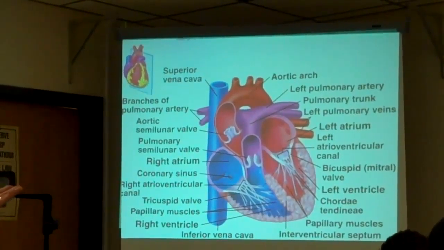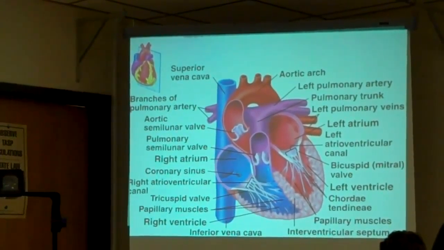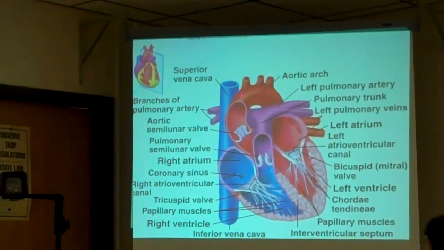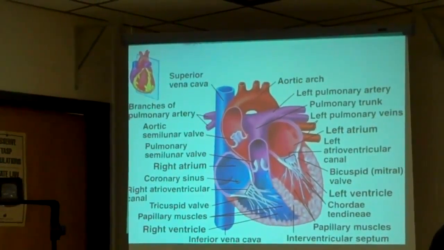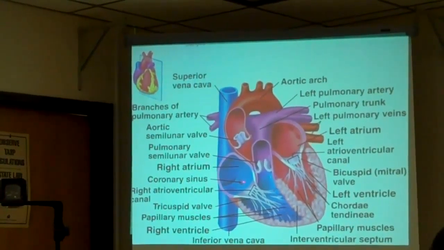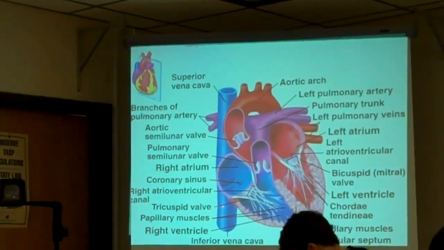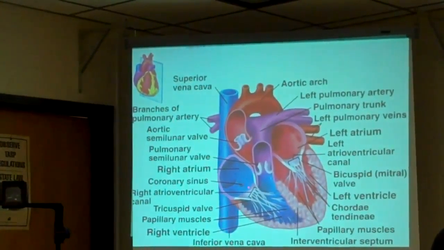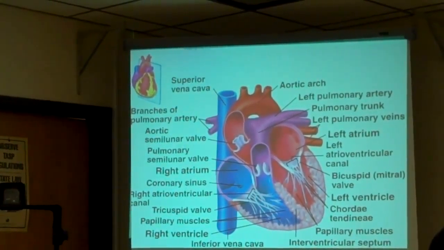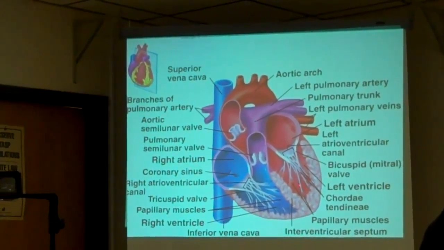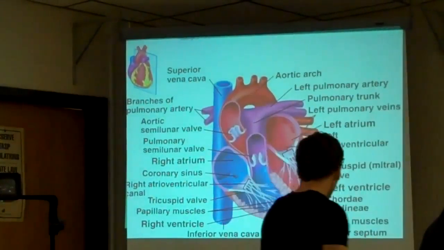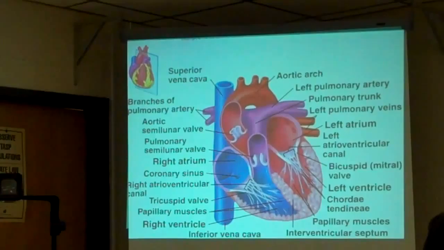The guy with this book, there's more color to them. Look, for example, there's the aortic semilunar valve. This is the right side of the heart, and that will say tricuspid. There's a tricuspid valve. There's the chordae tendineae. Now look, everybody, see this term right here? Papillary muscle. Papillary muscle is at the base of the chordae tendineae.